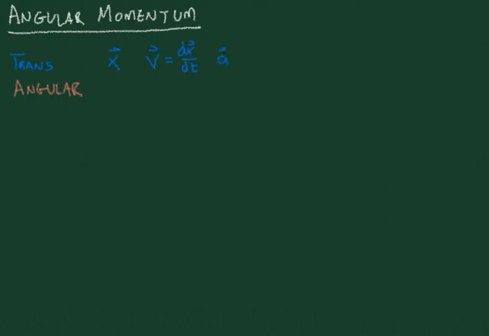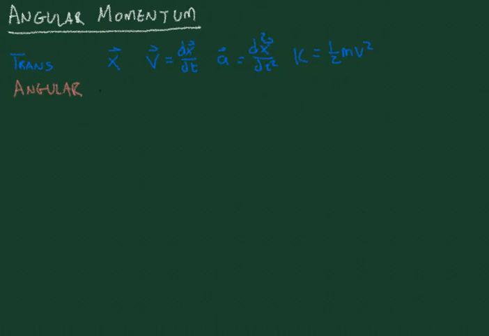We had acceleration, which was the second derivative of position with respect to time. And we had kinetic energy, which was 1/2 the mass times the velocity squared.